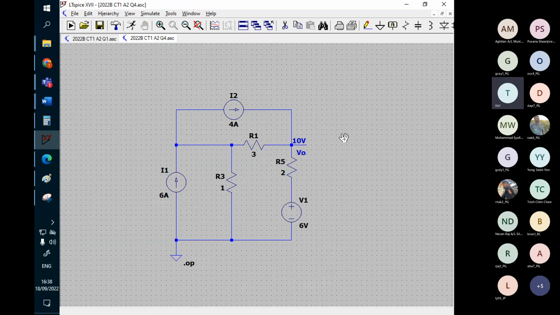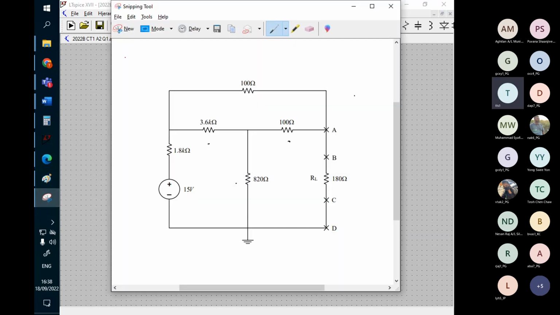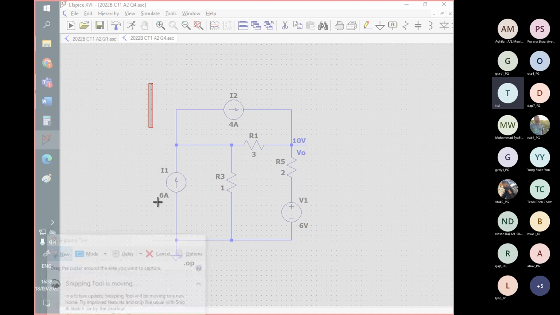Okay, so this will be our reference before we apply the superposition. The superposition is for the manual calculation. This is not for the simulation. This is a simulation. This is our reference. So we go ahead and cut this one as a reference. It's the V out.